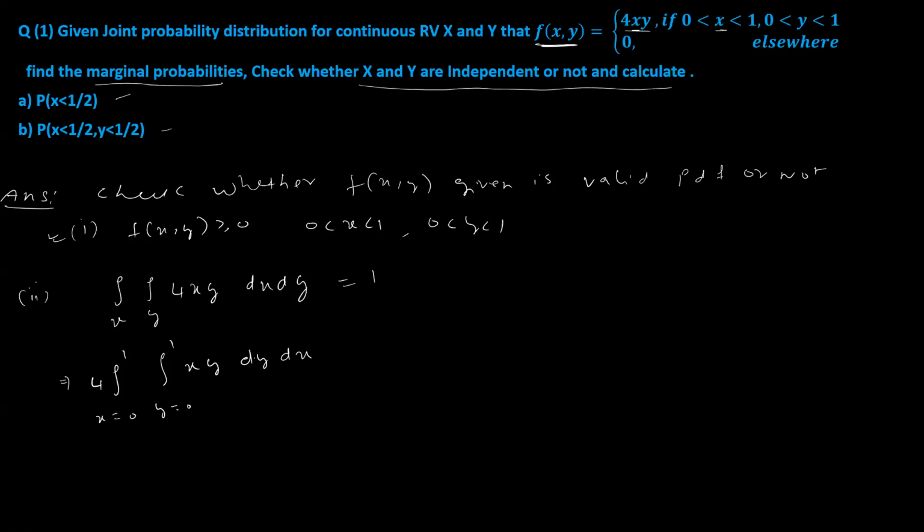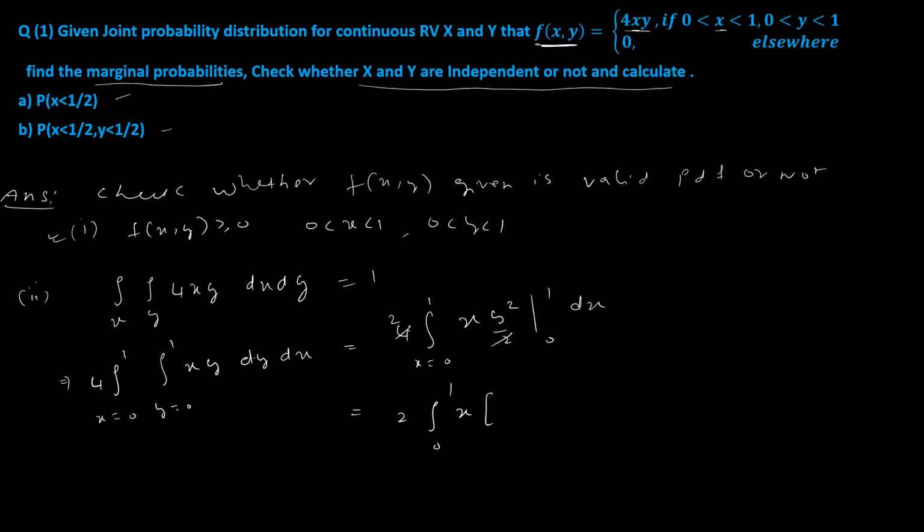That does not matter. So that implies 4 into integral of x from 0 to 1. I'm integrating with respect to y first. So I will get x y square by 2, limit is 0 to 1, and dx as it is. So 2 and 2 will get cancelled out. So 2 outside, 0 to 1, then you have x.